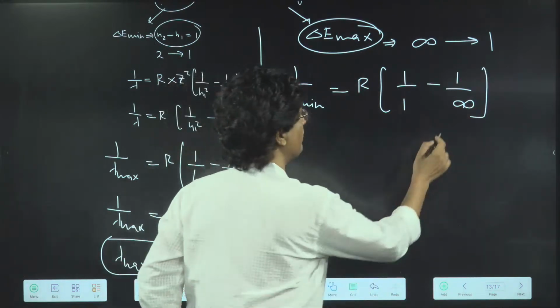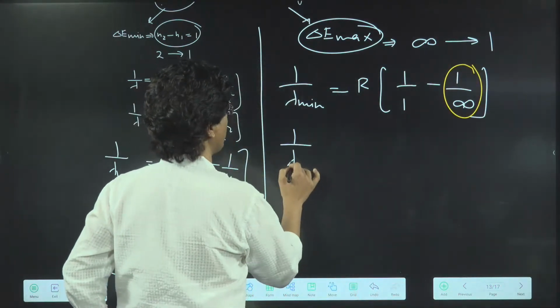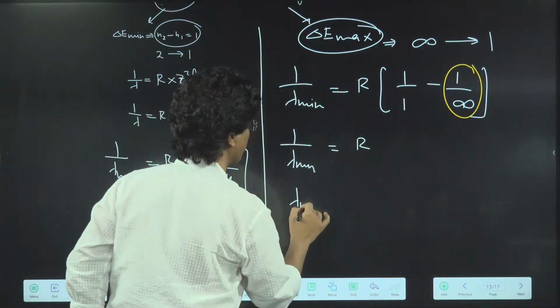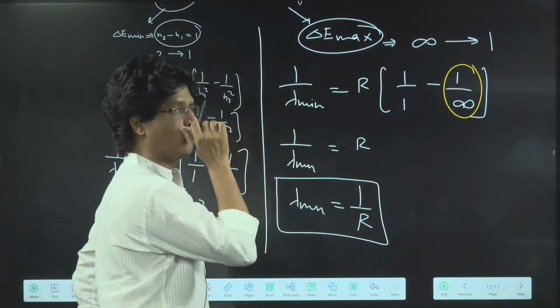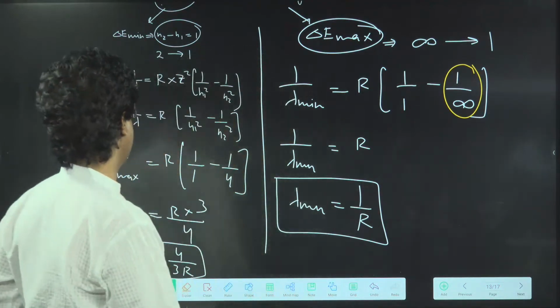Now 1 upon infinity is 0. So 1 upon lambda min is equal to R, and lambda min will be 1 by R.